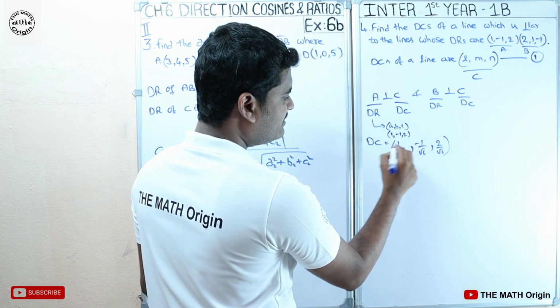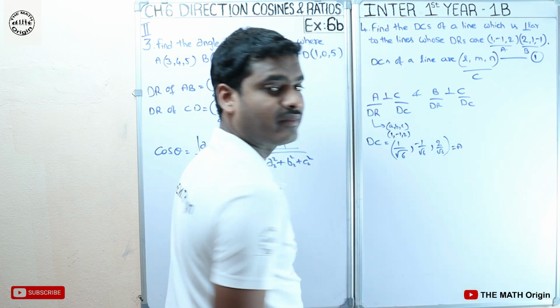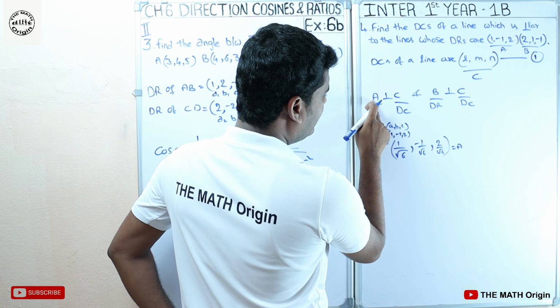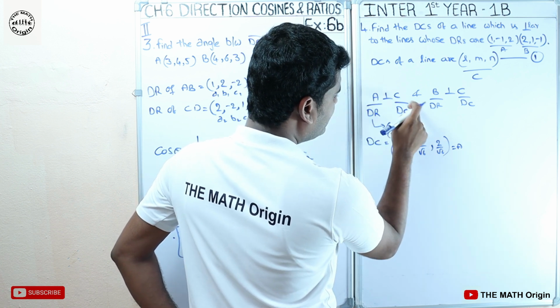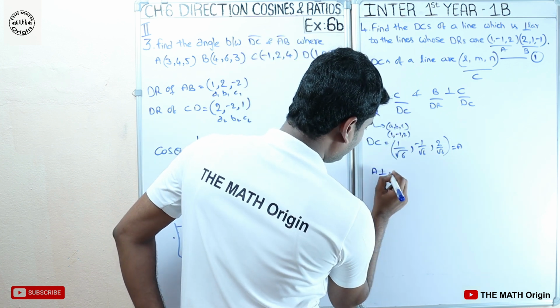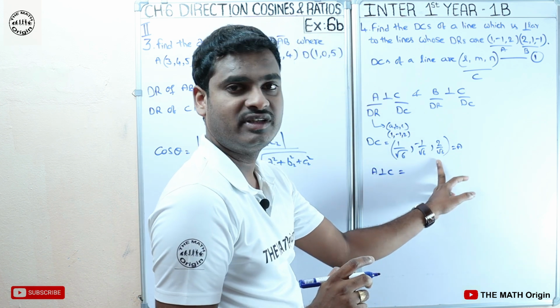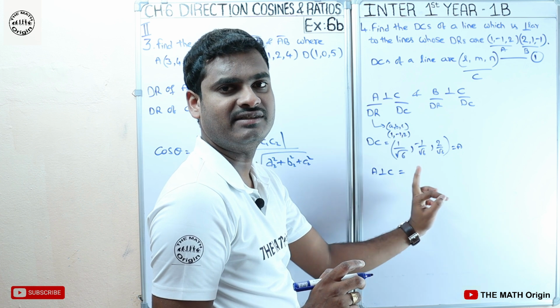Now these are DCs of A. Now A is perpendicular to C, which means A is also a DC and C is also a DC.